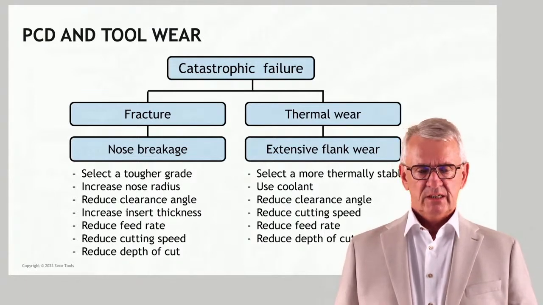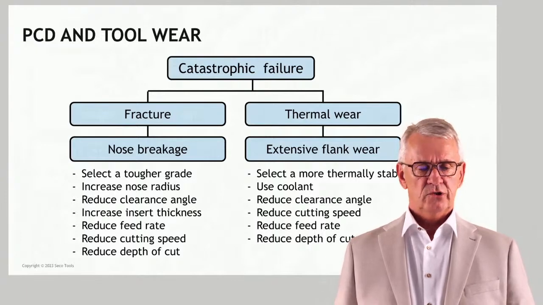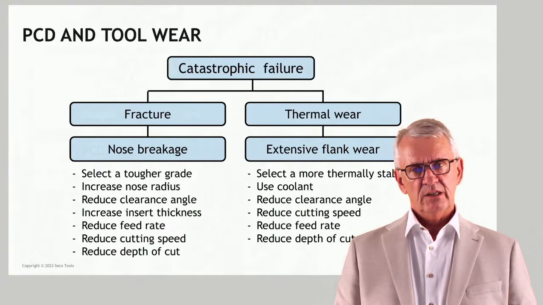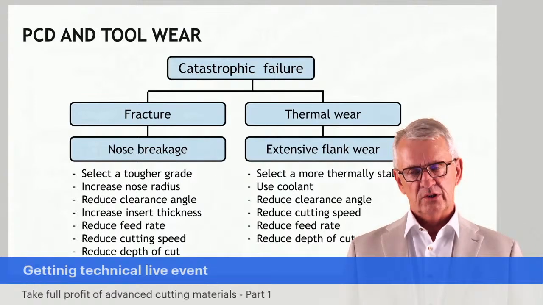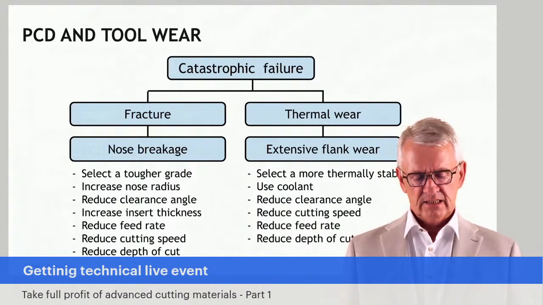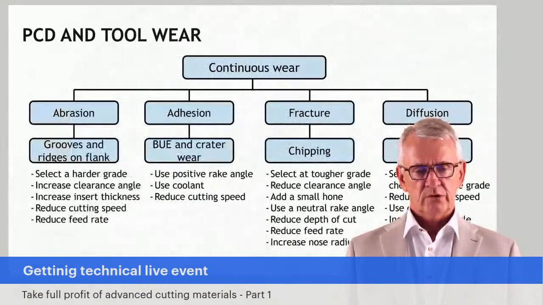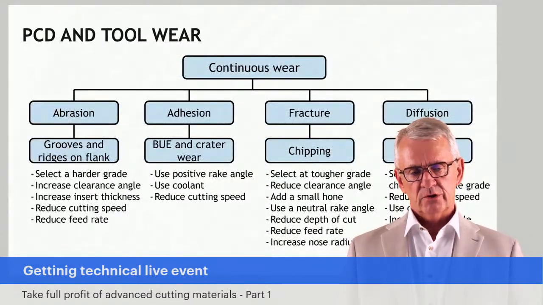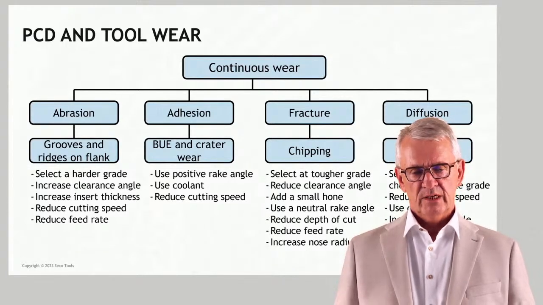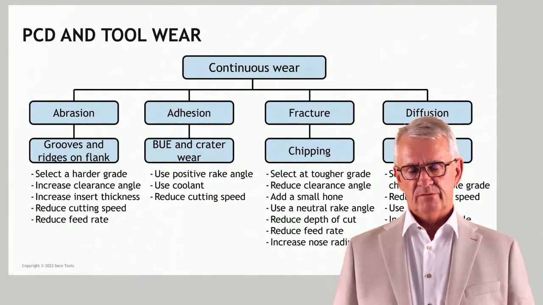Then it will create cracks in the structure, and that will also lead in the end to catastrophic failure. These are the two things you have to be careful with. Basically, it goes back to keeping your eyes on the temperature and time in cut. That is the thing you must keep under control. If you have that under control, the other wear patterns follow more the traditional things we already talked about in previous sessions.